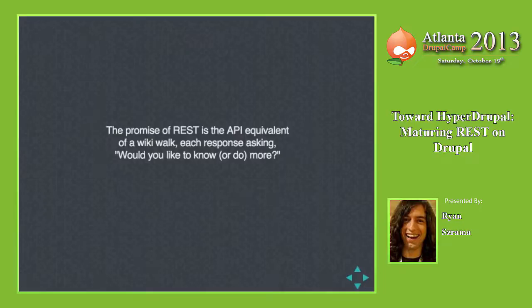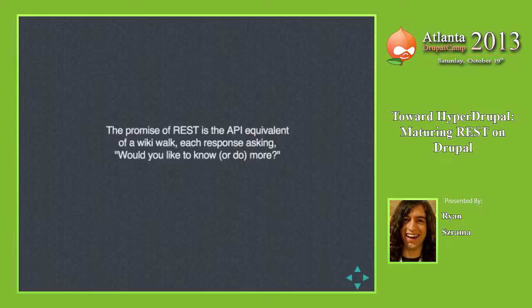But again, as I started out the presentation, I said the promise of REST is the API equivalent of a wiki walk. So getting lost on the internet because I can follow links, because my browser knows what to do with them, and every website uses them the same way, you should be able to, 10, 20 years, who knows, in the future, do the same thing between APIs without having to reprogram your client every time you want to go interact with a new API server.